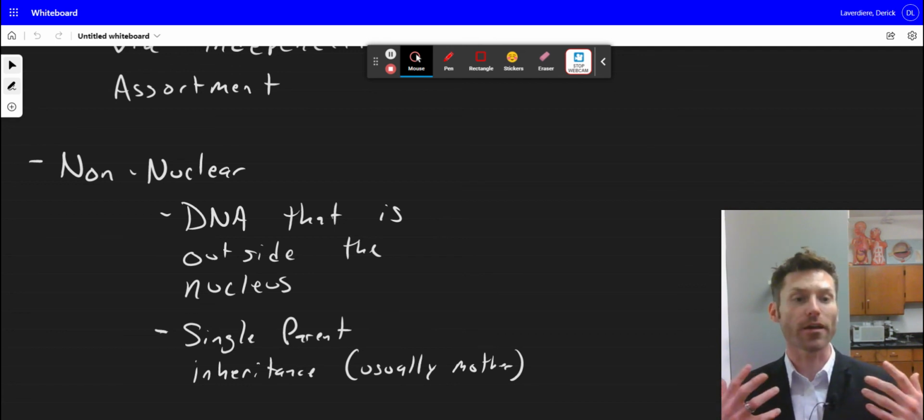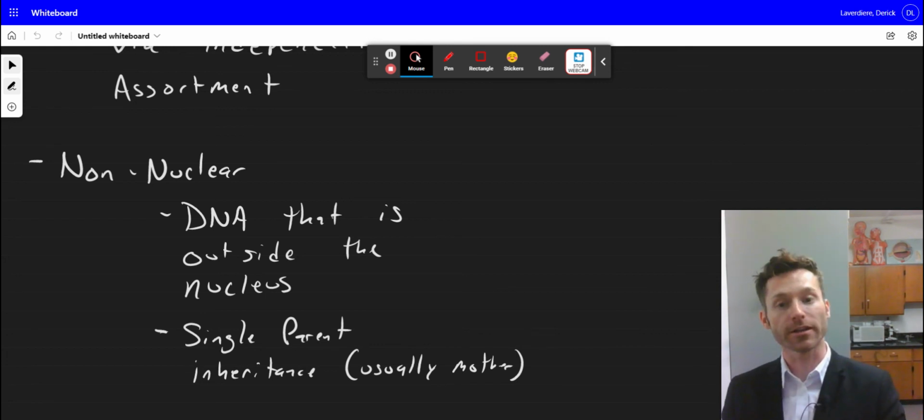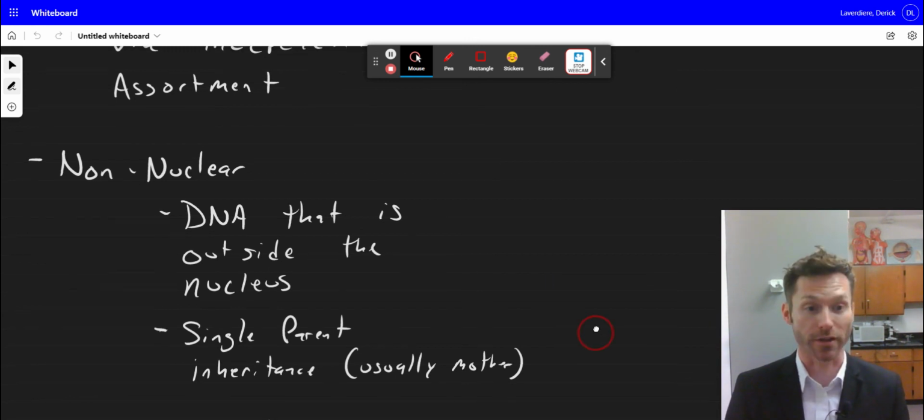My father had no say in that whatsoever, no contribution to that DNA. So typically, our non-nuclear DNA is a single-parent inheritance, and almost always it's from the mother. There are occasions, there are examples of the sperm bringing some piece of genetic information, but it's rare. Most often this is a maternal type of inheritance.